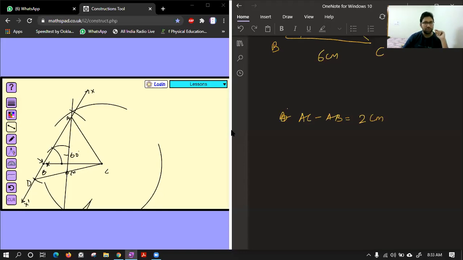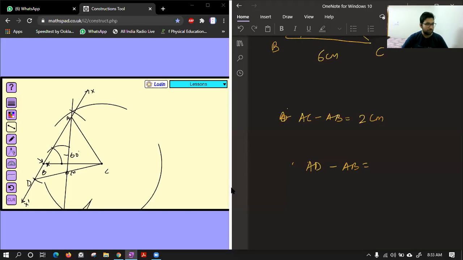It is given to us. Now we know that complete AD minus complete AB is equal to how much? Class, if you observe the diagram that I have drawn, complete AD minus AB is how much?